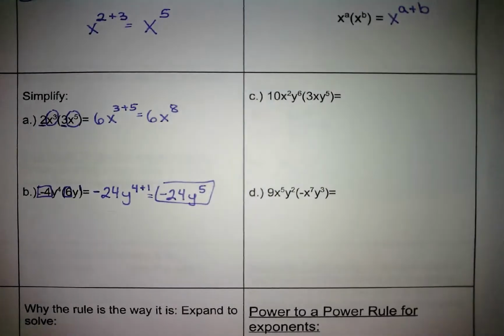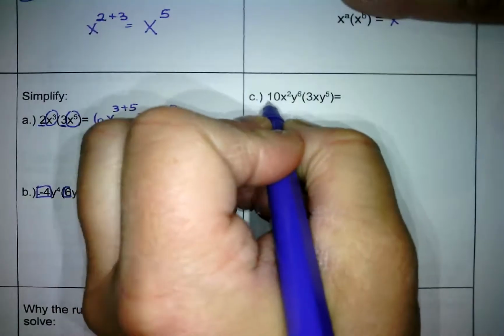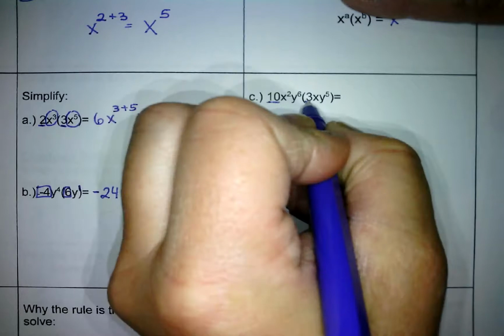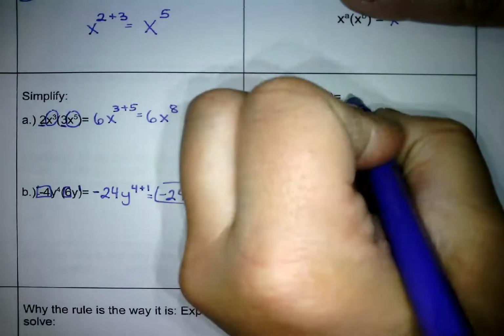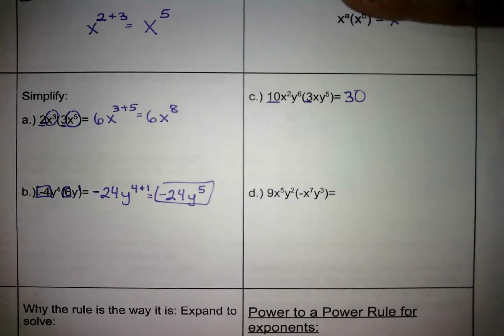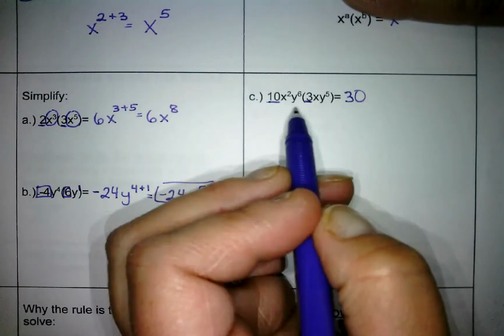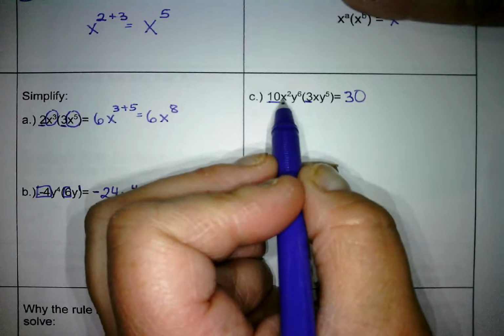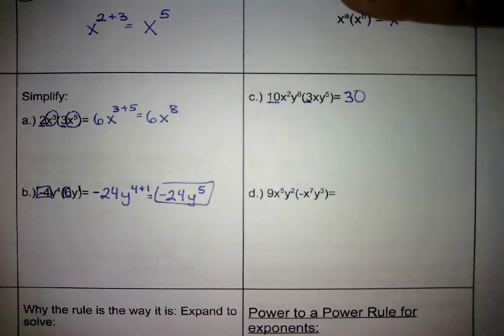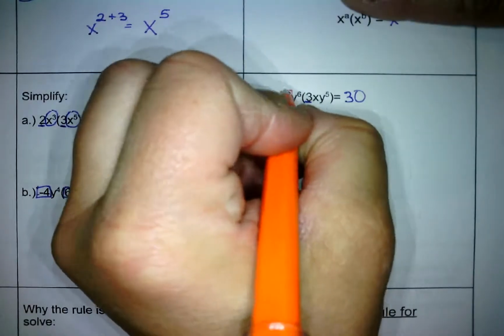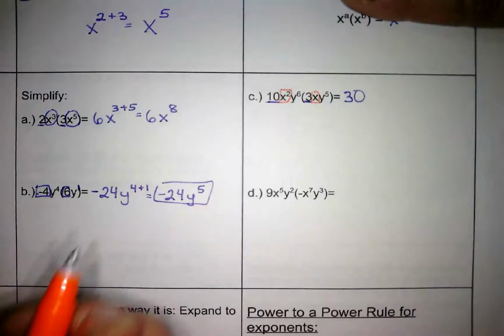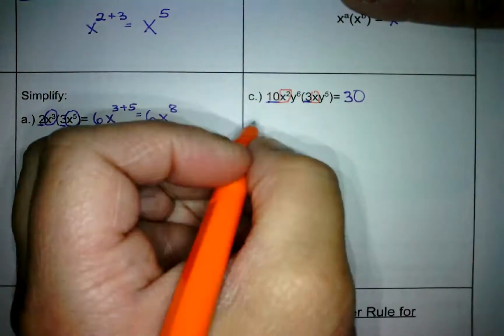Let's take a look at c. So we're going to work coefficients first. So we have a 10 and a 3. So 10 times 3 is 30. Go ahead and do these exponents separately because I have 2 different bases. I have a base of x, so I have x squared times x. And remember, if there's just an x, it's x to the first power.